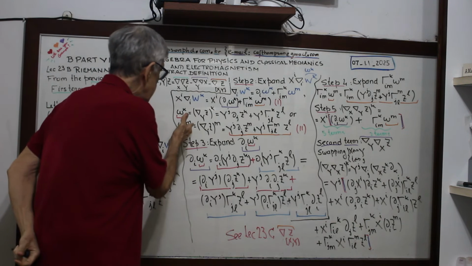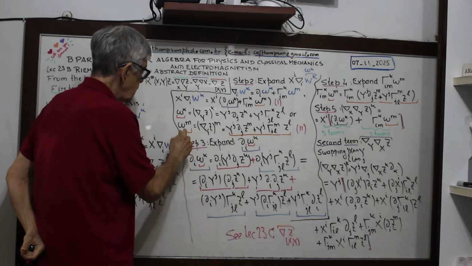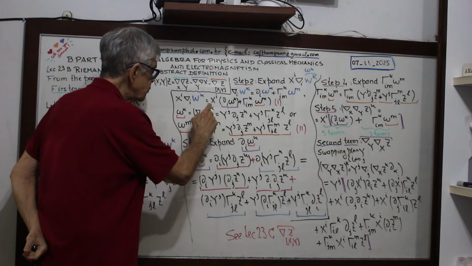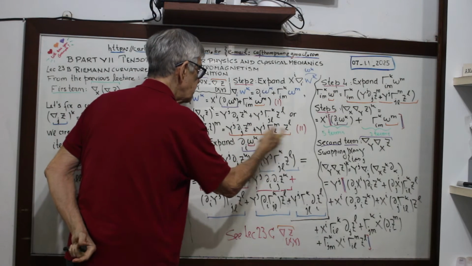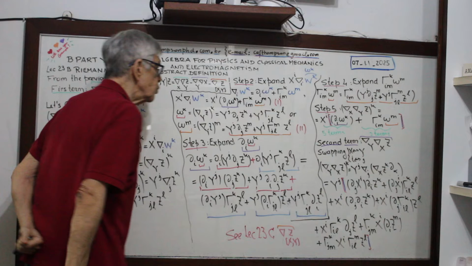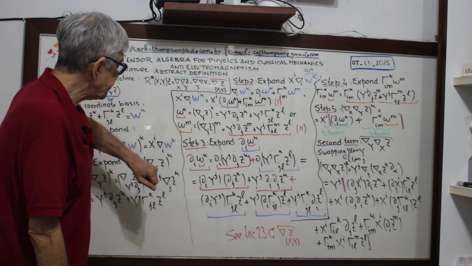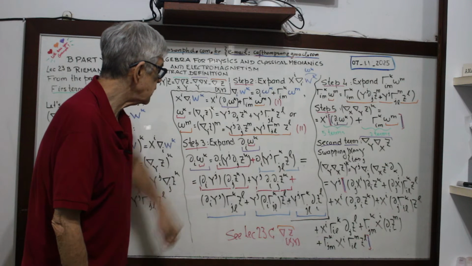So ym, omega m, which we're going to need later, on omega m I just substitute k by m. This is relation 2. Now, step 3: I'll expand only partial xi omega k.